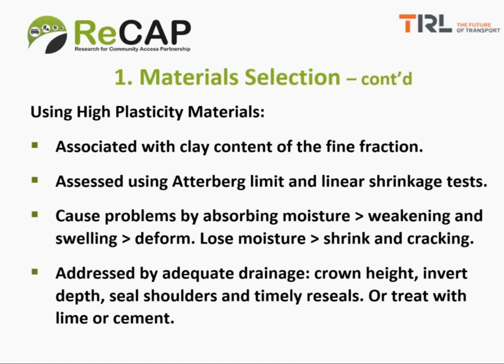So it becomes a cycle. Now, this does not mean that high plasticity materials cannot be used. They can be used if you take care of them by providing what we have always been talking about, that is adequate drainage in the form of an adequate crown height, adequate invert depth, and use of sealed shoulders.